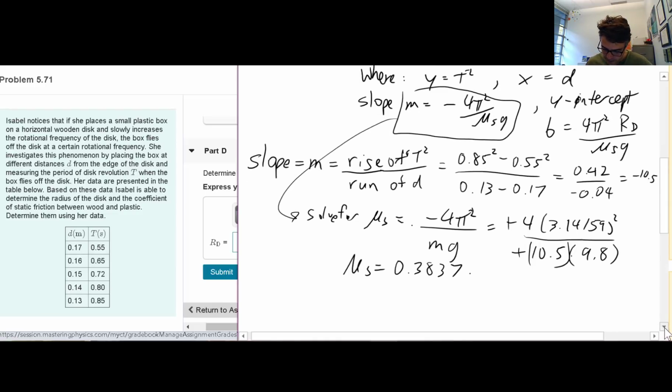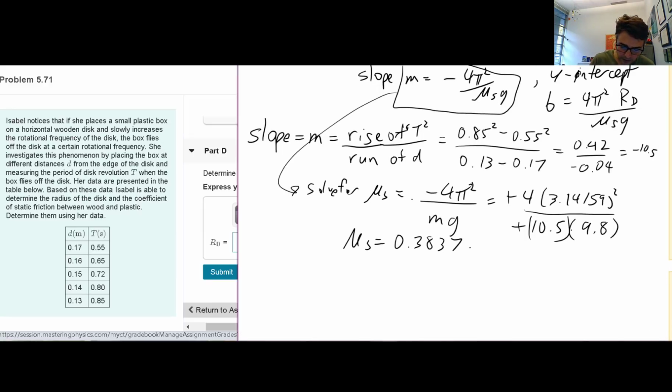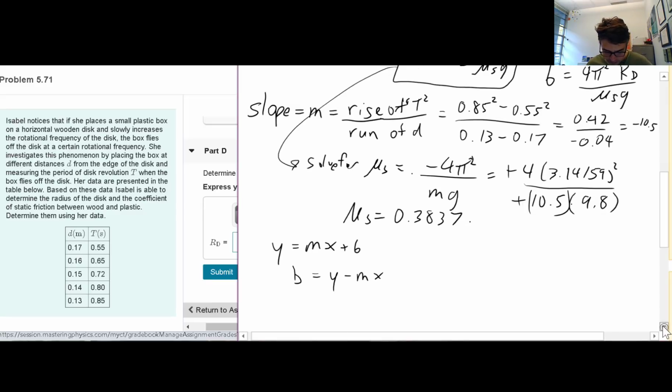This whole problem is not for the faint of heart. So the way you're going to find the y-intercept is to look at a particular point, right? So if we've got y equals mx plus b, this means that if you have a value of y and a value of x, then the value of b is going to be y minus m times x. So what we can do here is we can say, let's just take this first one.